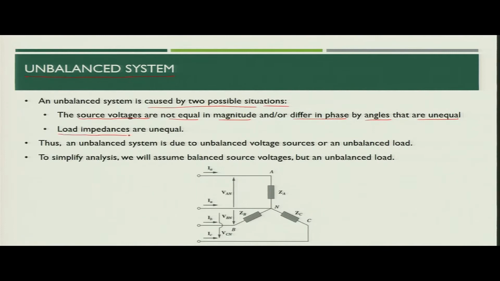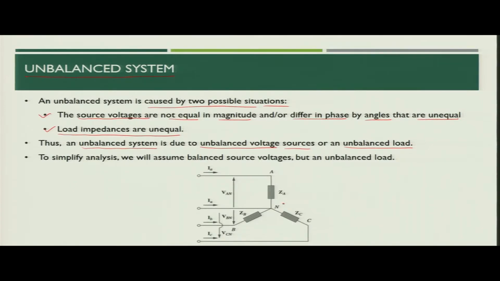The second case might be that of an unbalanced load, where the load impedances are unequal. So, these are the two possible conditions under which we say that the 3-phase system is unbalanced. Therefore, an unbalanced system is due to unbalanced voltage sources or unbalanced load.